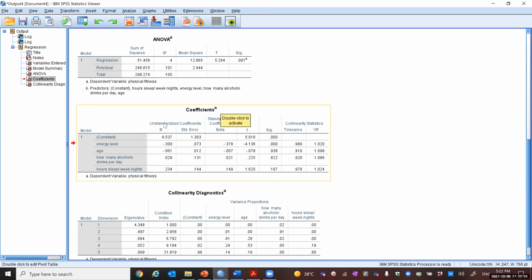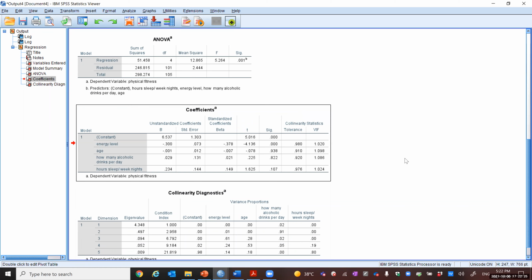Now here you have unstandardized beta values, and here you have standardized beta values, and then the associated significance. And here you have collinearity values like tolerance and VIF.